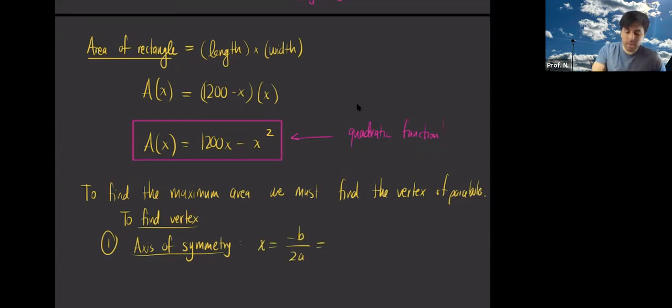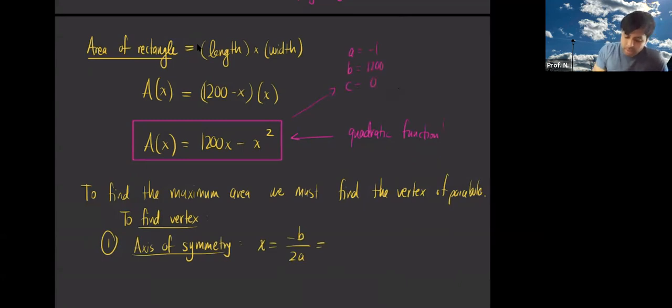What's negative b? What is my b value? Can anyone tell me what my a, b, and c values are? We should be able to scan this and then immediately get it. That's right. So a is -1, b is 1200, and c is 0.